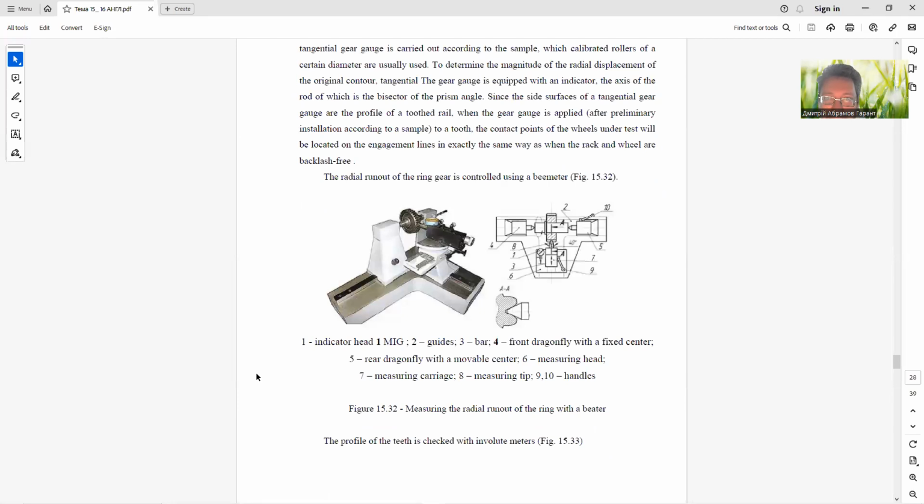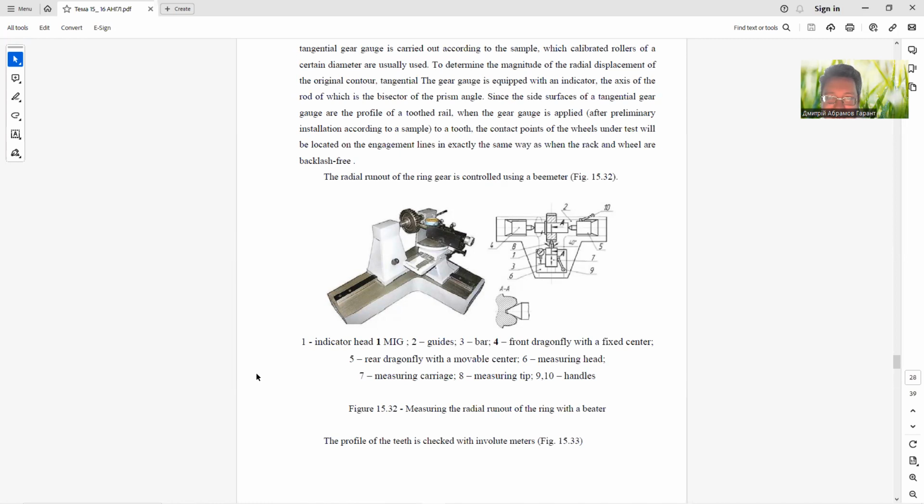To determine the magnitude of the radial displacement of the original contour, the tangential gear gauge is equipped with an indicator, the axis of the rod of which is the bisector of the prism angle.